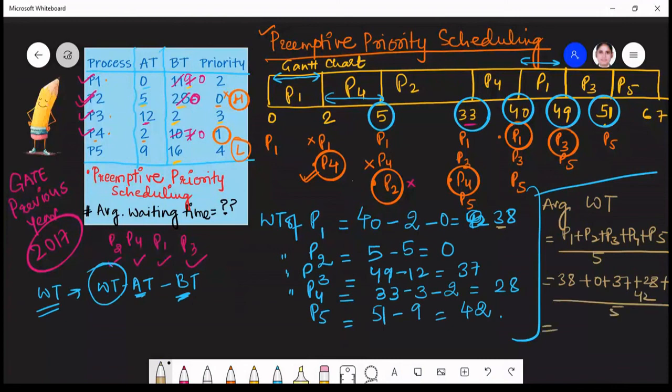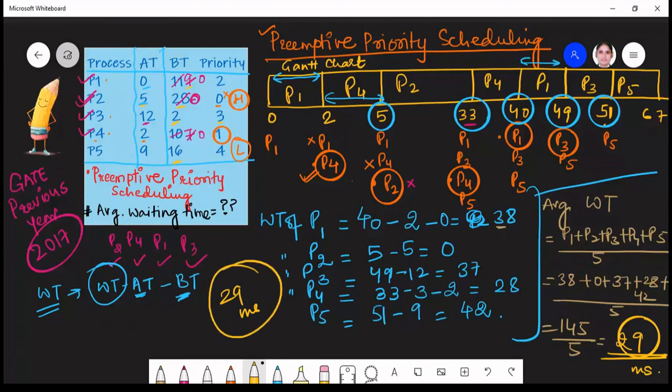The sum is 145 by 5. So the final answer here is 29 milliseconds.